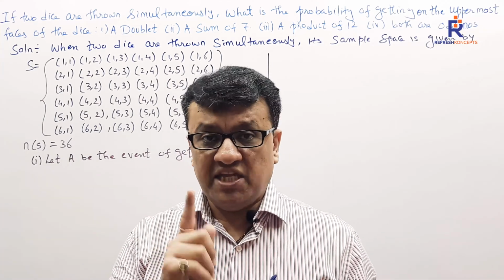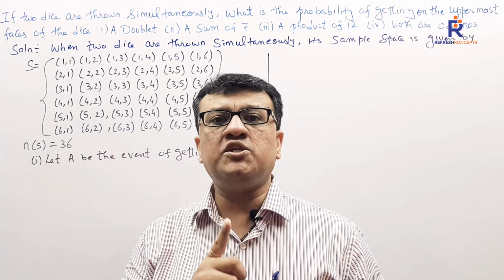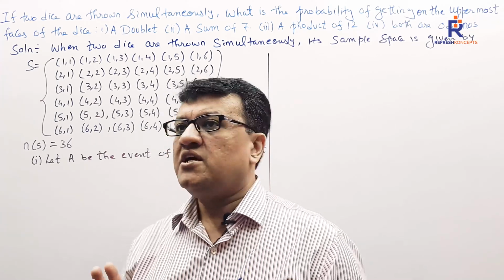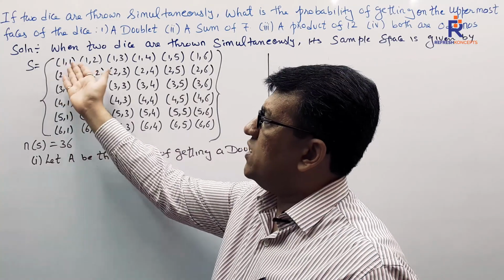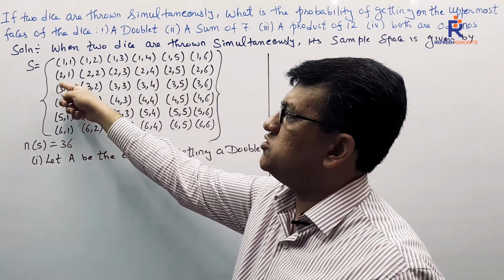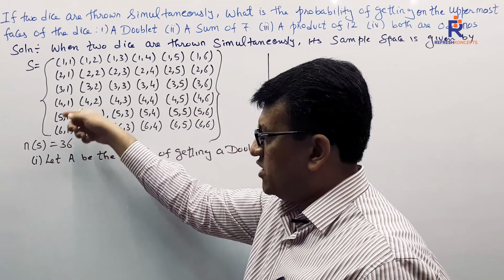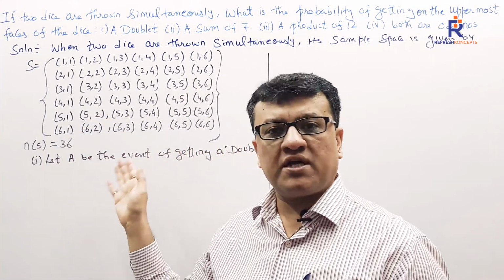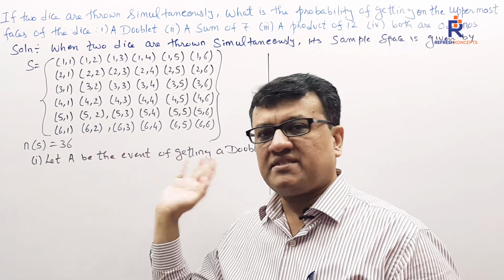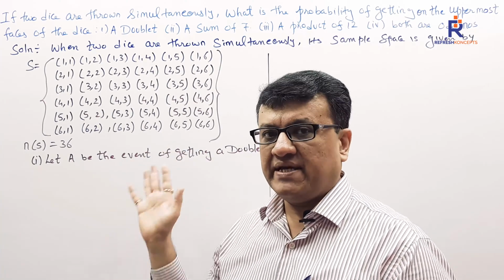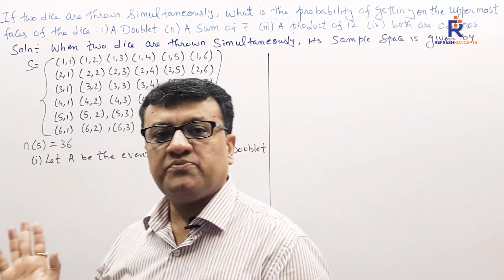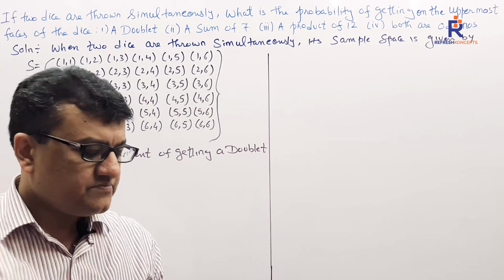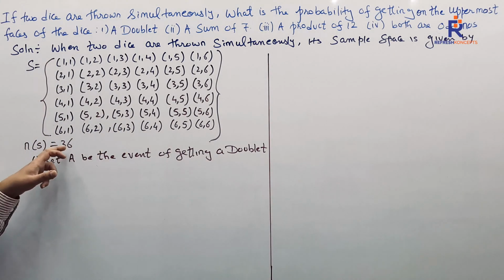At times, in general, it is accepted by very few teachers that students write 1 1 dot dot dot 1 6, 2 1 dot dot dot 2 6, likewise 6 1 dot dot dot 6 6. Very few teachers say, okay, fine, if it's okay with your board, I have no problem. Otherwise, the sample space is a must. According to me, the sample space is a must. If your teacher says fine, we have no problem. n(S) is 36.